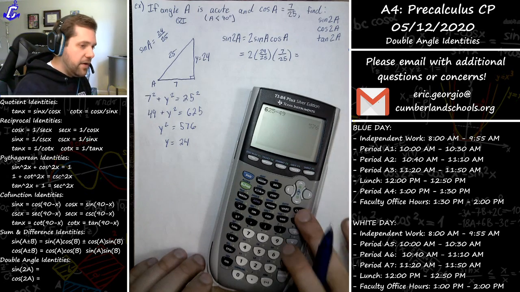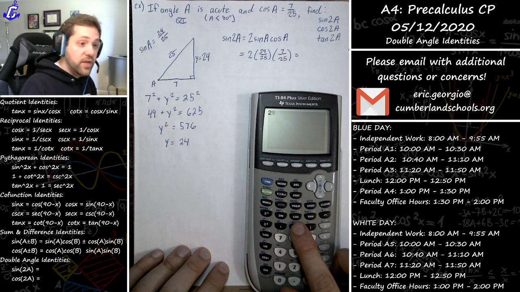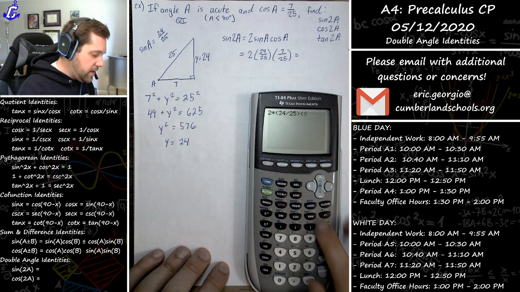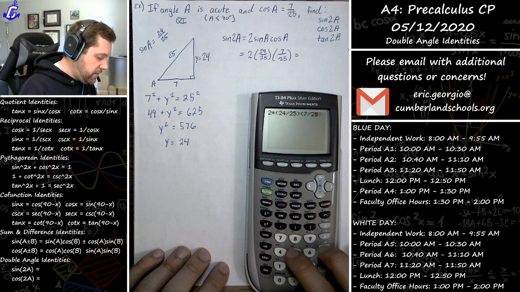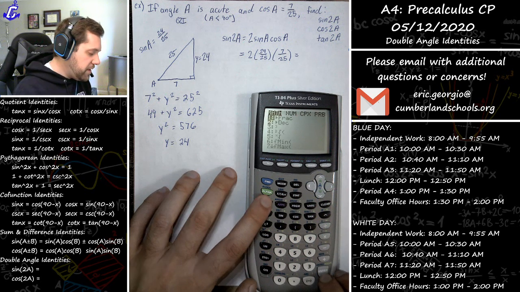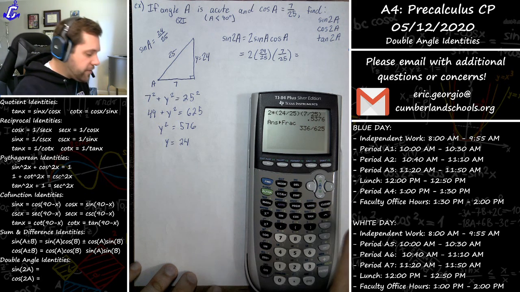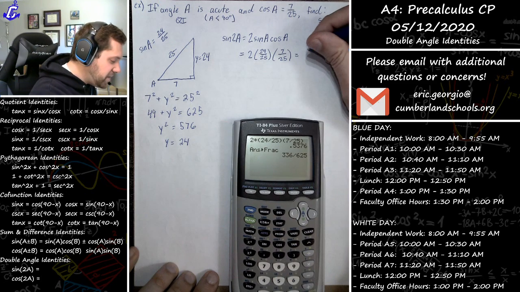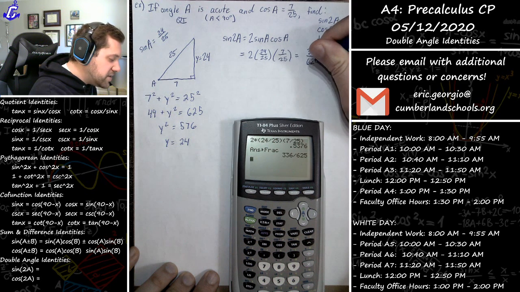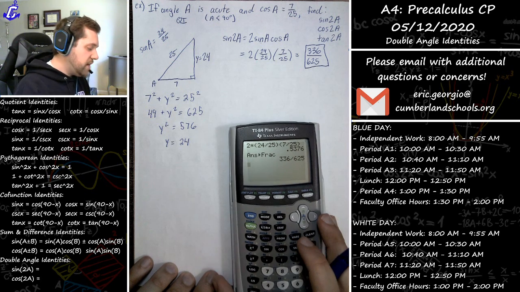You don't need a calculator, but it definitely helps. 24 over 25 times 7 over 25, and we should get 0.5376, which if we convert it to a fraction by hitting the math button, we get 336 over 625. Not the cleanest of fractions, but still a fraction that represents what the sine of 2A would be.